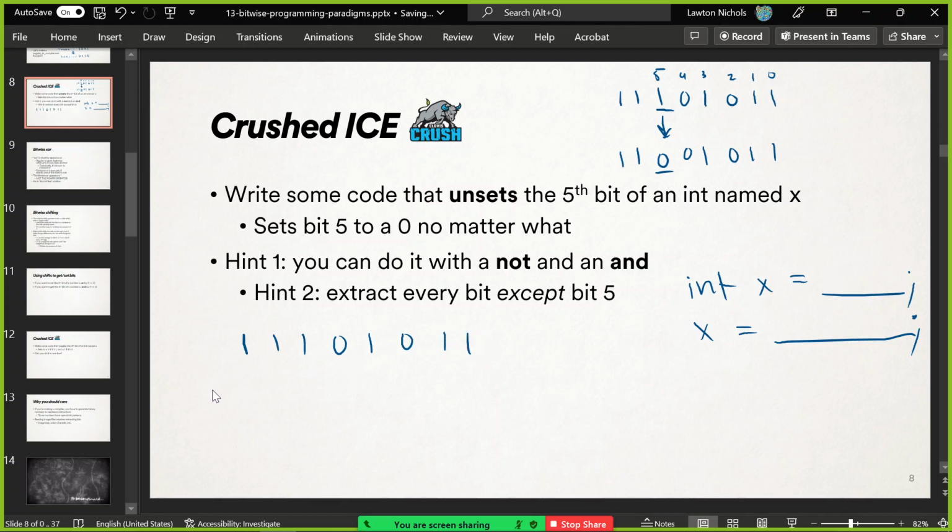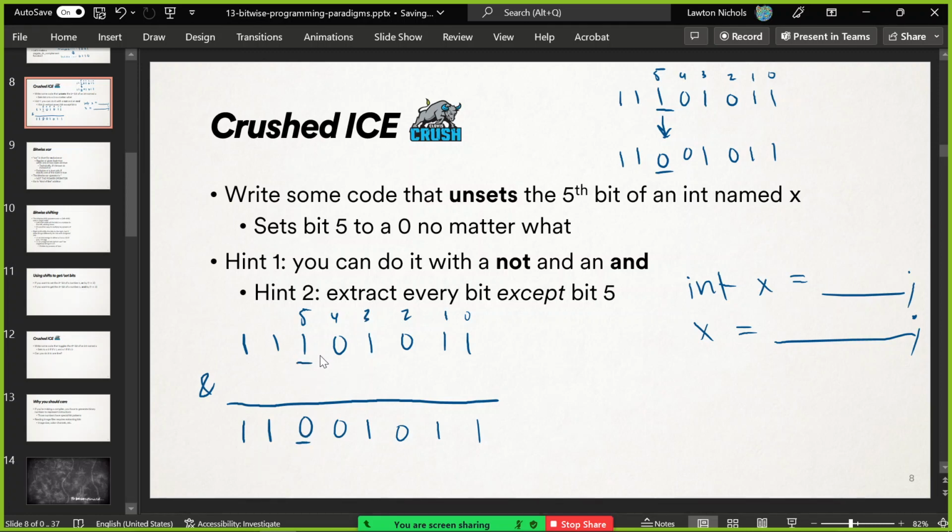Can anybody explain to me, if I gave you a hint and said that AND was the last thing to do, and this was bit 0, 1, 2, 3, 4, 5, and I wanted to end up with 1, 1, 0, and the rest was the same, 0, 1, 0, 1, 1. Only these ones changed. The rest were preserved.